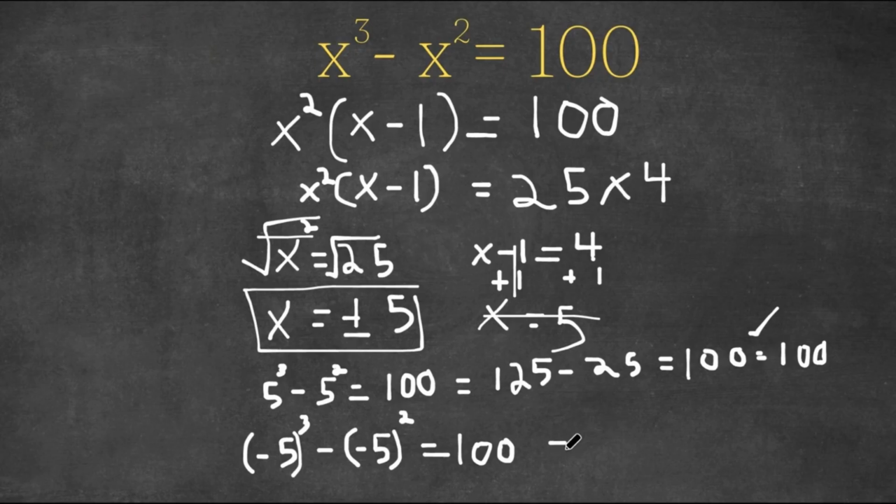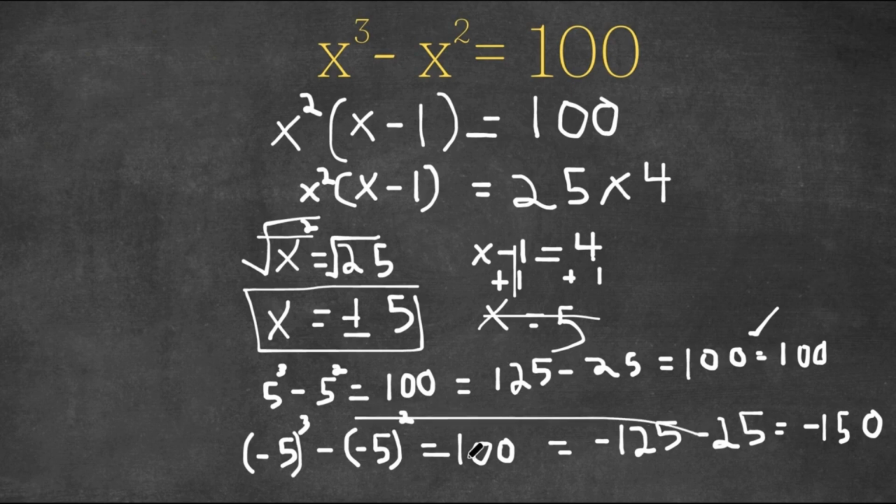So this would be negative 125 minus negative 5 squared, which is 25, and negative 125 minus 25, well, that's negative 150. And that is not equal to 100, so this is rejected. And 5 is our only correct answer.